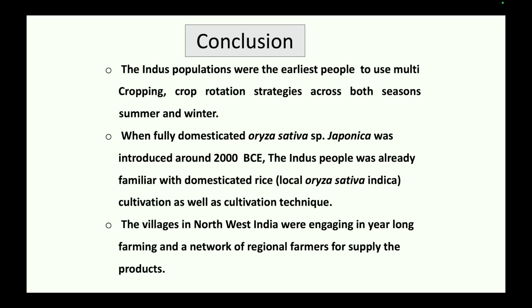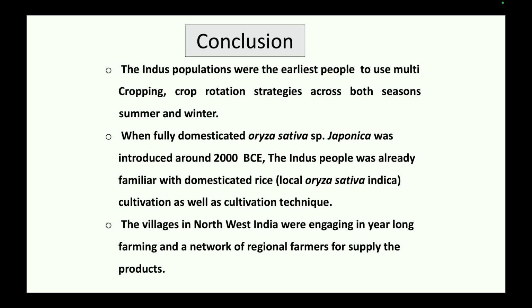In conclusion, we can say the Indus populations were among the earliest people to use multi-cropping and crop rotation strategies across both seasons, summer and winter. Fully domesticated Oryza sativa subspecies japonica was introduced around 2000 BCE.